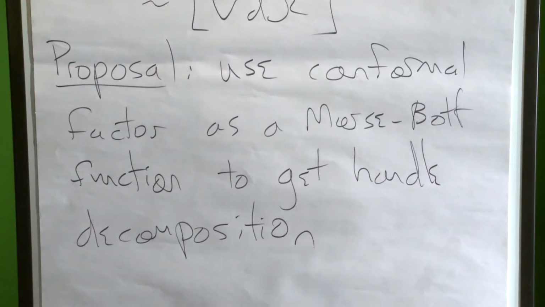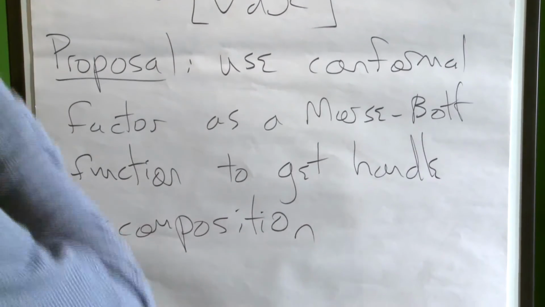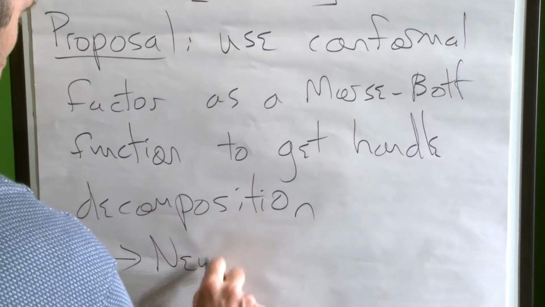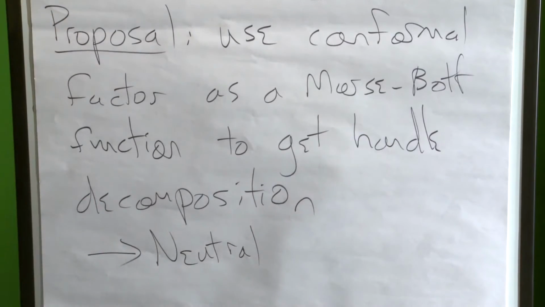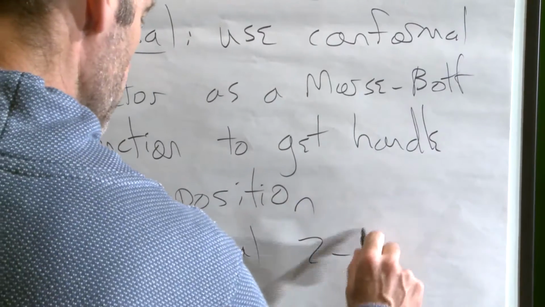In which case, what we just have here is a neutral two-handle. So we kind of think of this four-ball picture that we just constructed as a neutral two-handle.